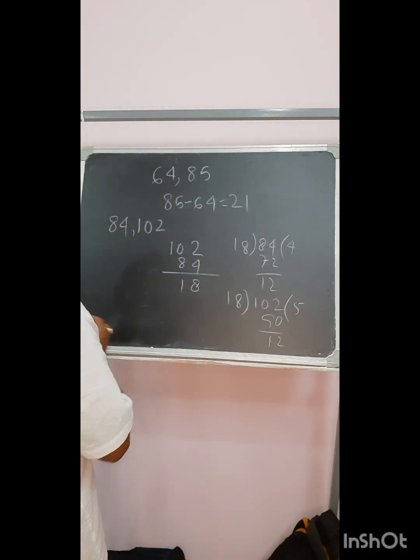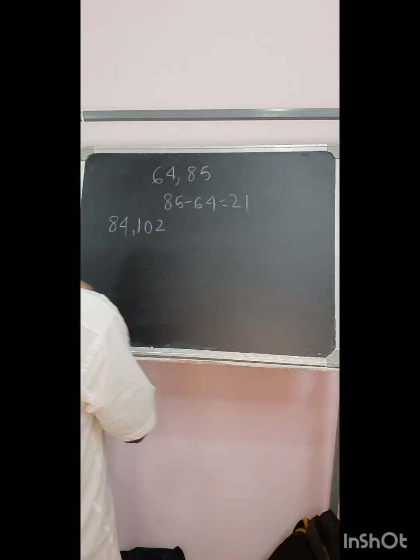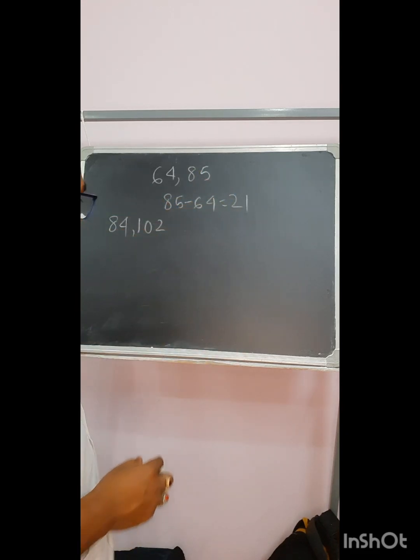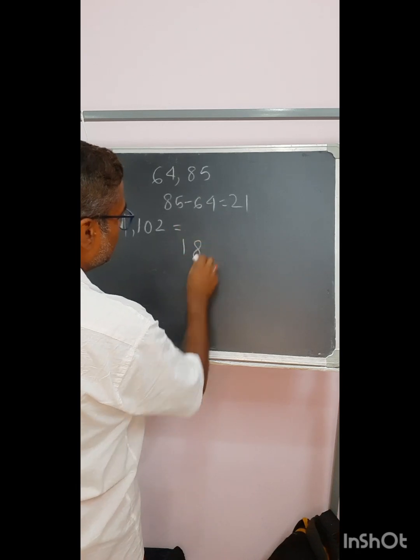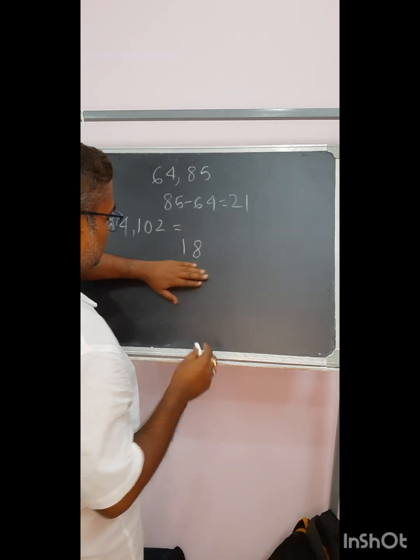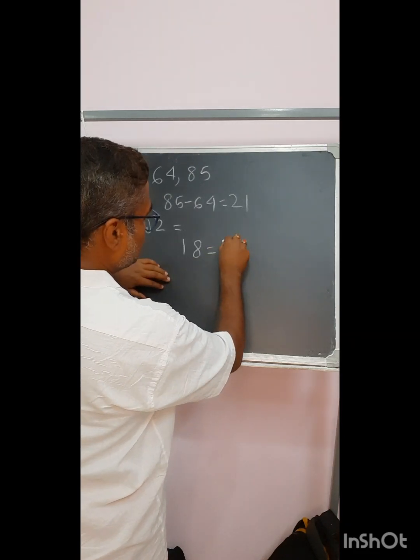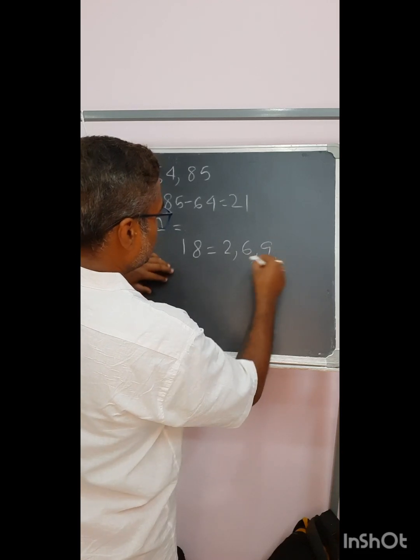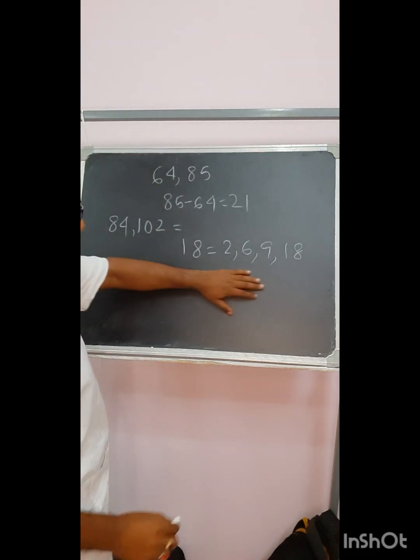So for this case I will derive one more extension of that theory. If I take the factors of the difference, what would the factors be? 2, 6, 9, and 18 itself would be the factors of 18.